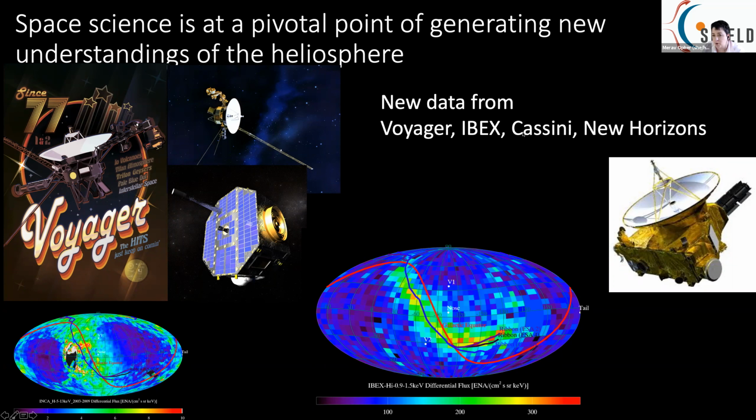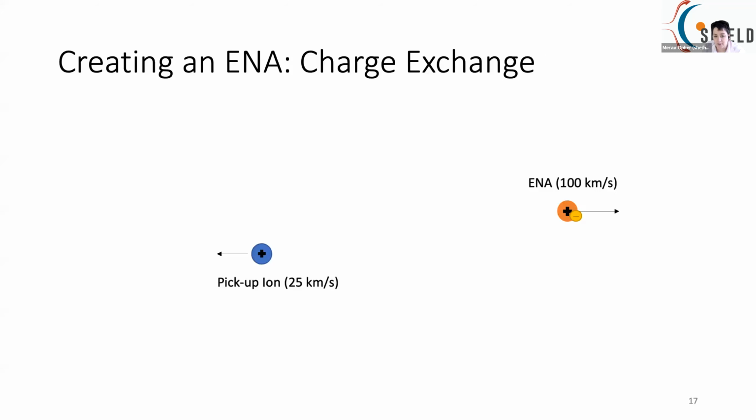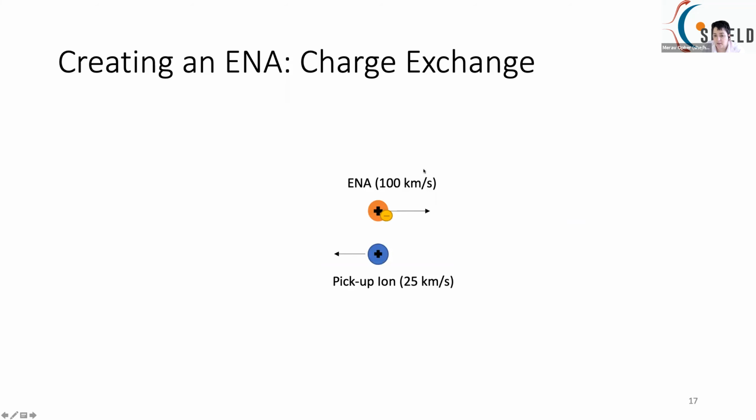Cassini is not working anymore, but for many years took, along with IBEX, maps of energetic neutral atoms of this interaction. The energetic neutral atoms are coming from what is created here in the heliosheath.